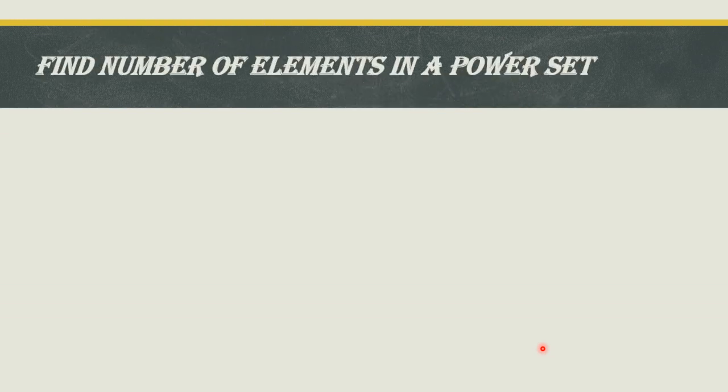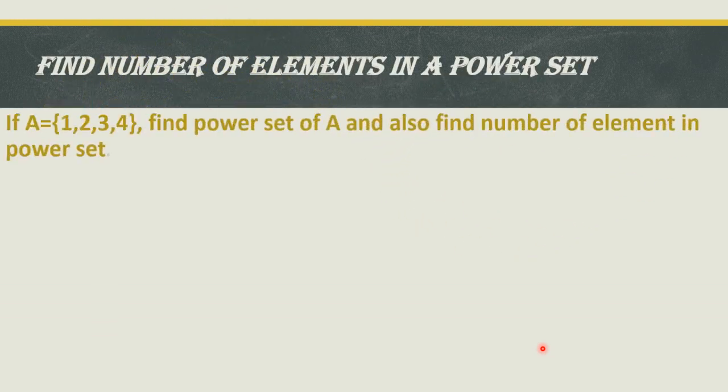Find the number of elements in a power set. It's your exercise related question. If A is a set of numbers 1, 2, 3, 4, find the power set of A and also find the number of elements in the power set. To do this question, first we find the second thing, which is the number of elements in a power set.